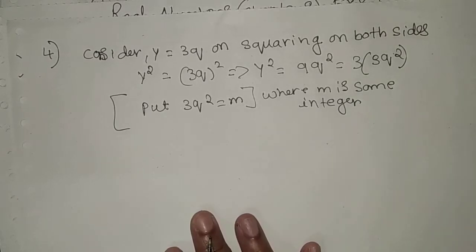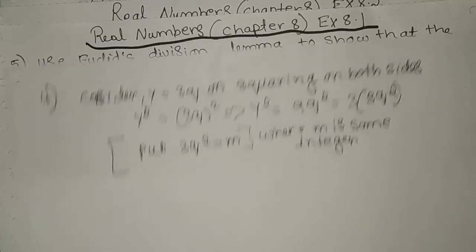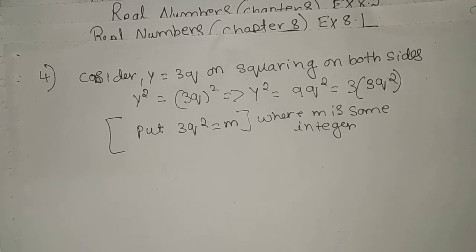So they have given us, see the question, that is the square of the positive integer. I'll just read out the question. That is, using Euclid's algorithm show that the square of any positive integer is of the form 3m or 3m plus 1 for some integer m.